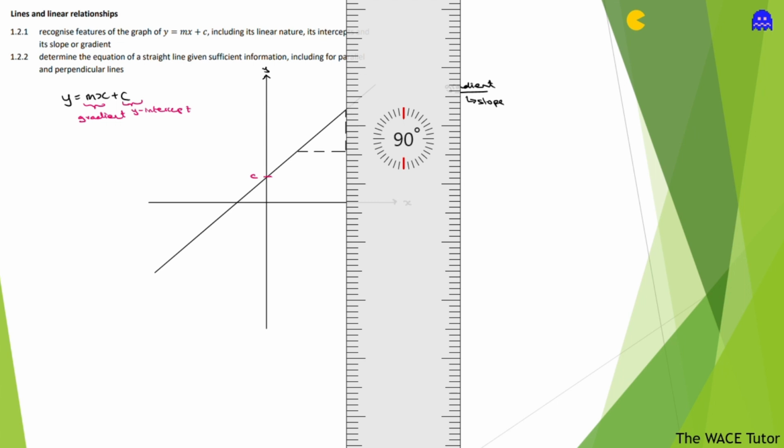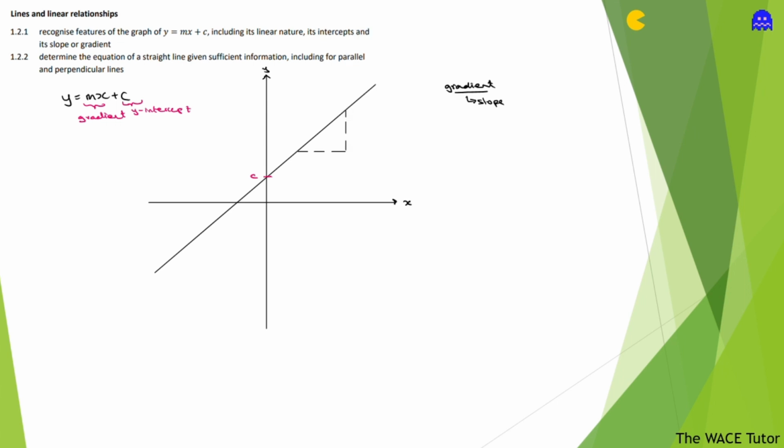My gradient that I've drawn up here is equal to the rise divided by the run. Here, the rise is this vertical point here, and the run is this bit here. And so dividing my rise by my run, I get how much my y increases for every 1 unit increase of x.